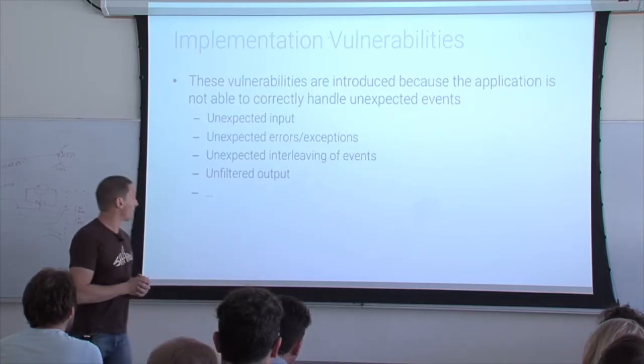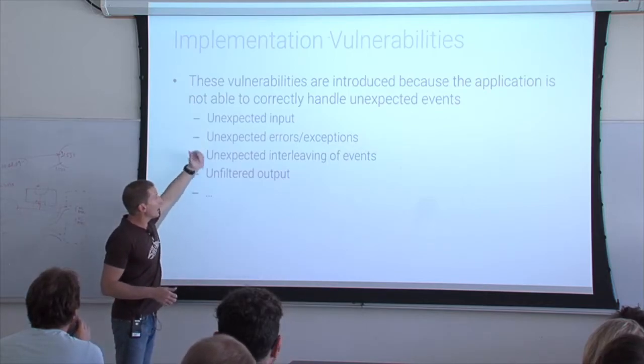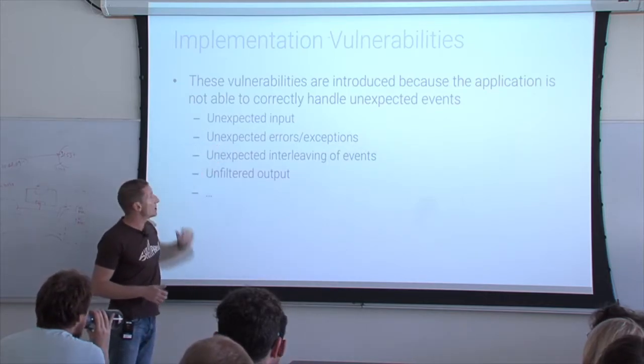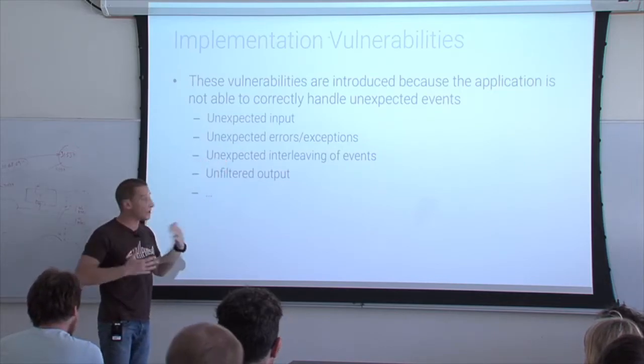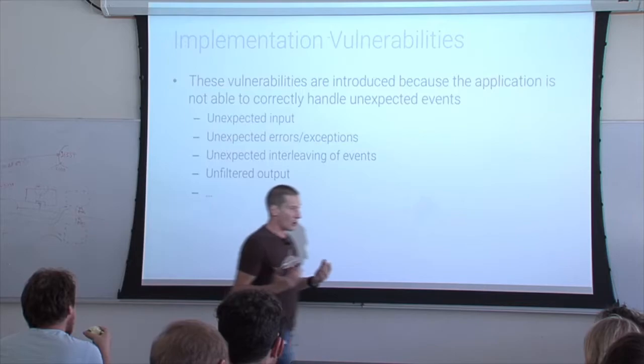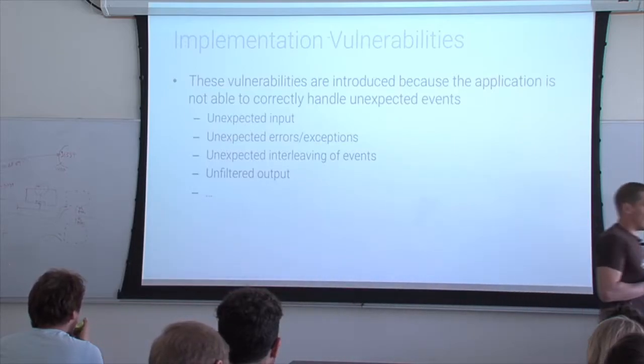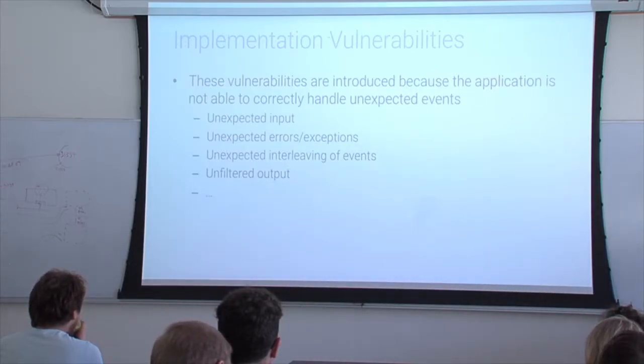So it cannot deal with certain input, cannot deal with certain exceptions or errors, cannot sometimes deal with the interleaving of certain events, or is not able to produce output that is correctly sanitized.